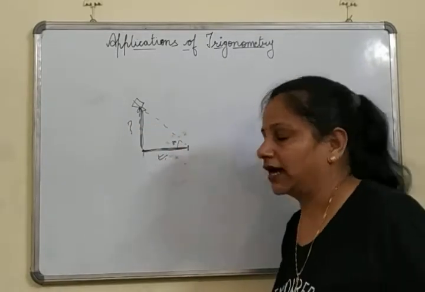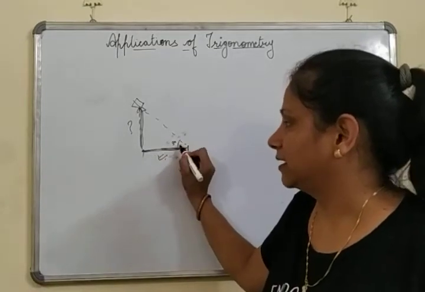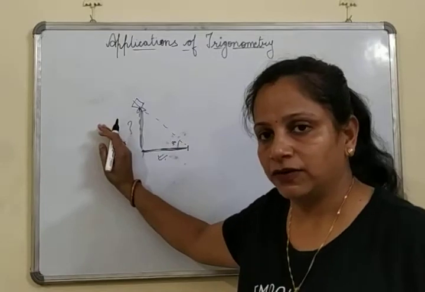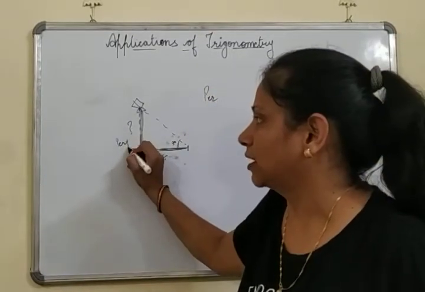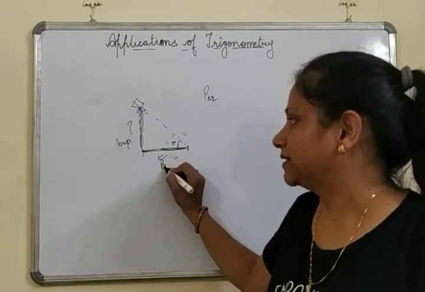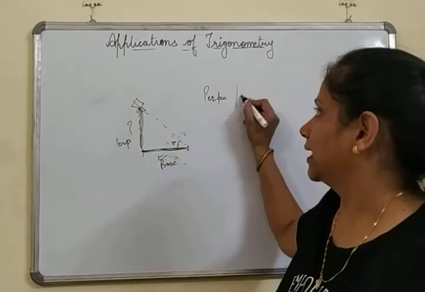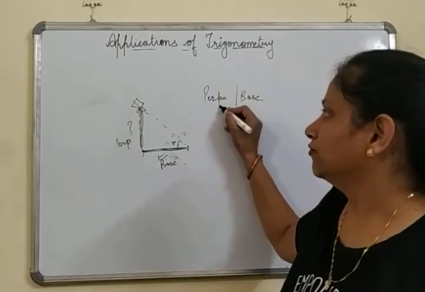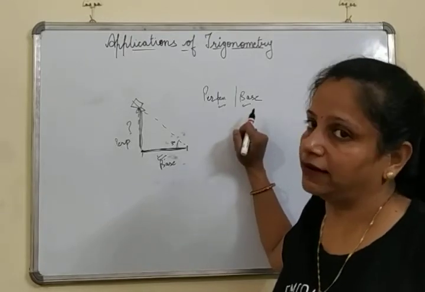Now recall the previous things, that suppose this is the angle, then what is the side in front of the angle known as? That is known as the perpendicular. That means this is your perpendicular and this is the base. Now with this perpendicular and base, which two trigonometric ratios are related?